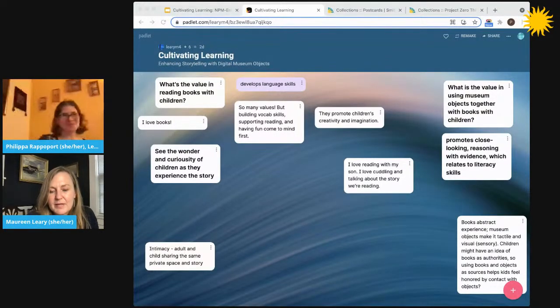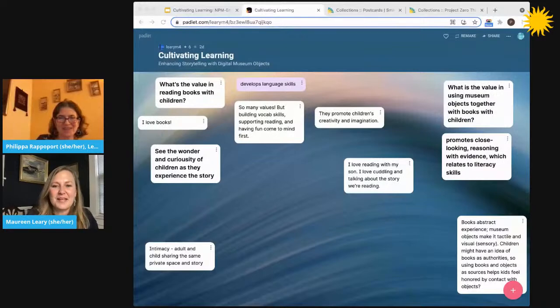I'm so glad that comment came in, because I do think that's a really important underpinning of this whole thing: when we show a museum object to children, we're giving that object inherent value, right? If it's something that someone has chosen to be in a museum, it must be important for some reason, right?